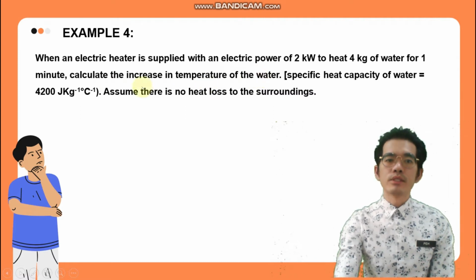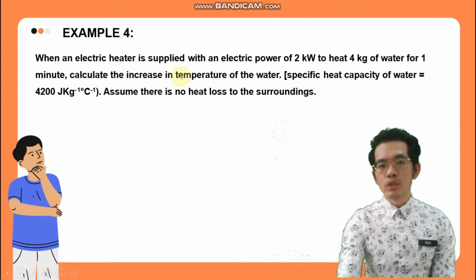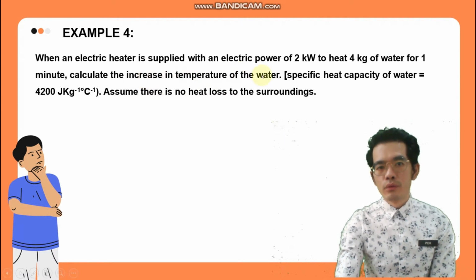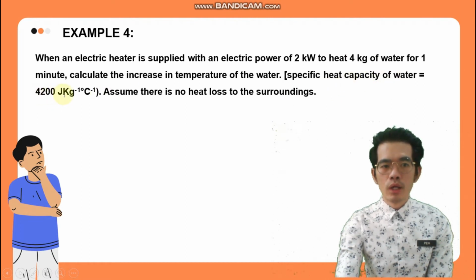So the question asks us to find out the increase in temperature with the power supply of 2 kilowatt for 4 kg of water in 1 minute. The question also gives us the specific heat capacity of water, which is 4200 joule per kilogram per degree Celsius. We assume there is no heat loss to the surrounding.